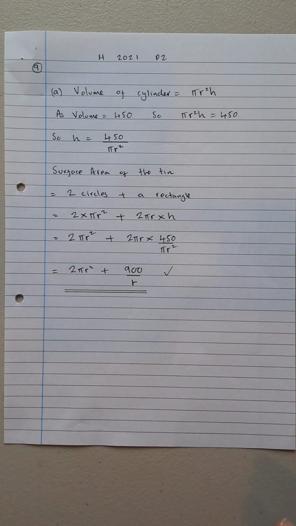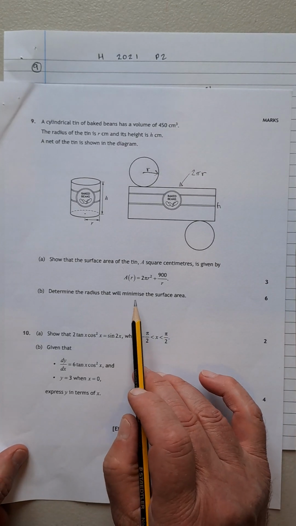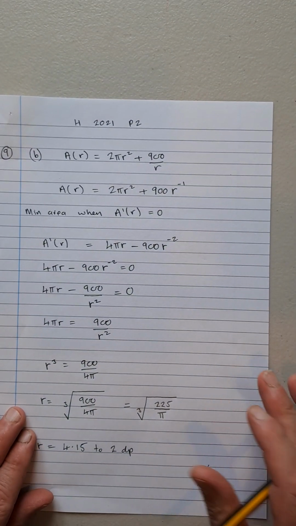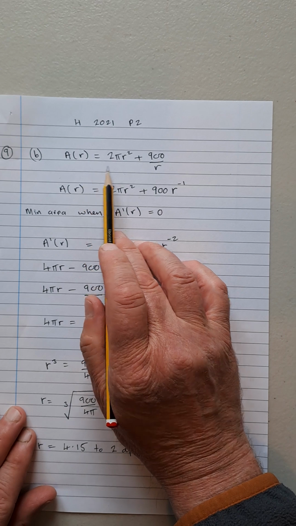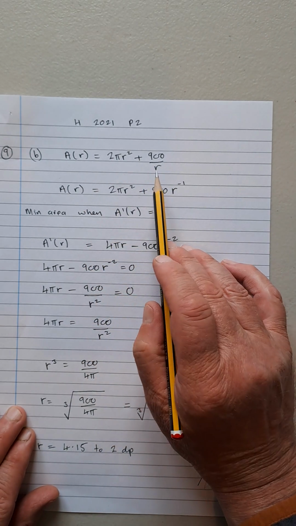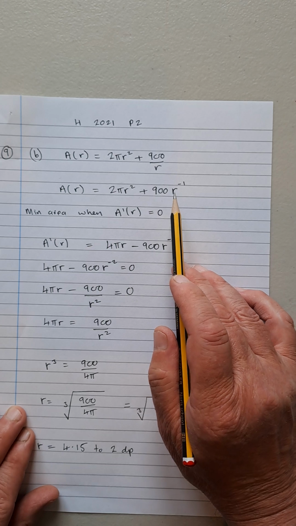So let's get on with determining the radius that will minimise the surface area. Hopefully you realise this is all about differentiating. And here we go. The area in terms of r is 2 pi r squared plus 900 over r. Let's move that upstairs.